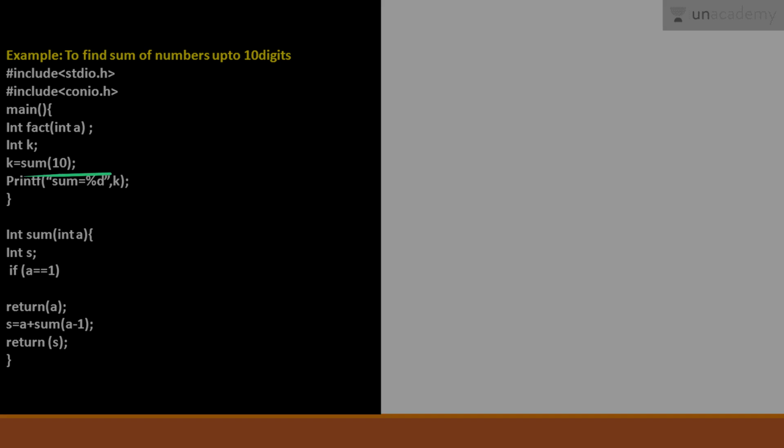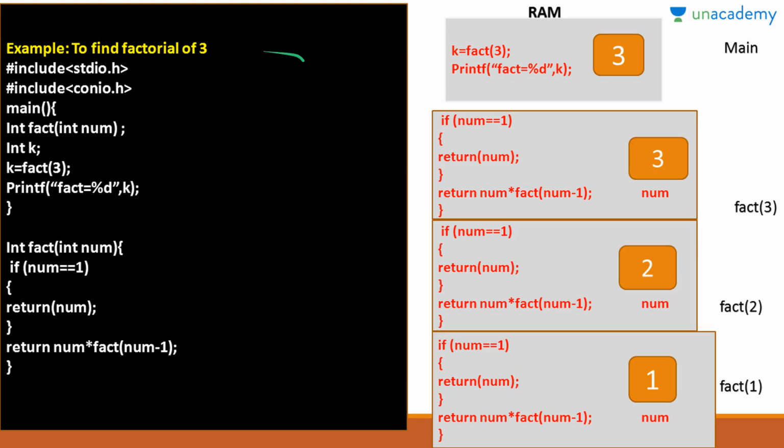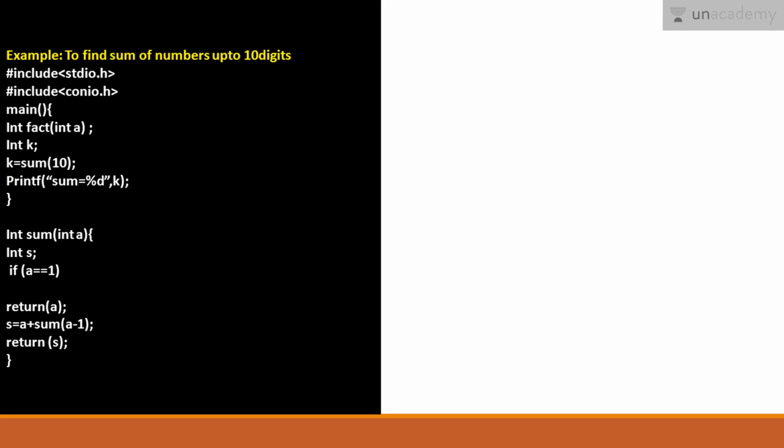It will execute similarly as we have seen in this example. So this is the code for finding the sum of numbers up to 10 digits, and all these numbers are taken from the user. We are entering the numbers, and we can find the sum of these 10 numbers. This is it. Thank you.